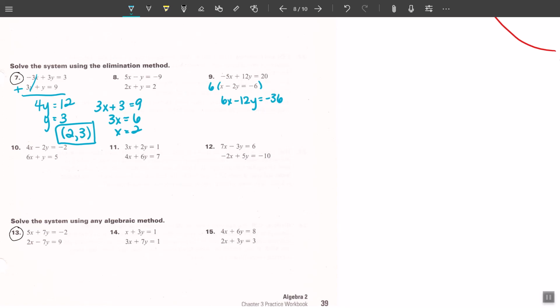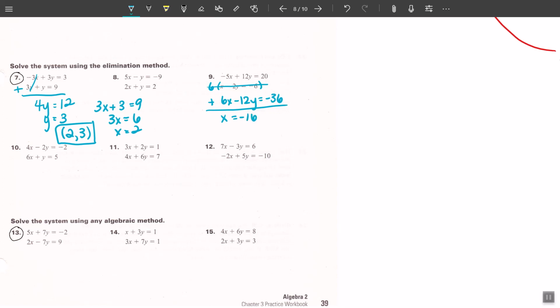Now, this equation is kind of obsolete at this point, and I'm going to combine the top one and this newly written one, this one that I renamed. When I do that, the 12y and the negative 12y cancel out, and I end up with x of negative 16.